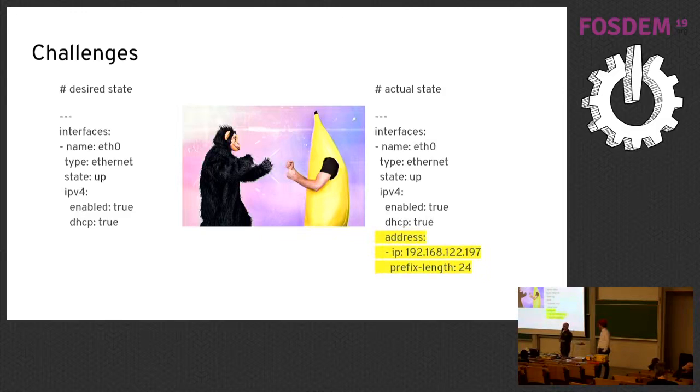But this IP address cannot be set now because we have DHCP true. There are other cases like that, like the link speed, where you wanted 1 gig and you get maybe 10 gig or things like that. So that part needs to be handled currently either by logic inside a state or by the admin that uses it.